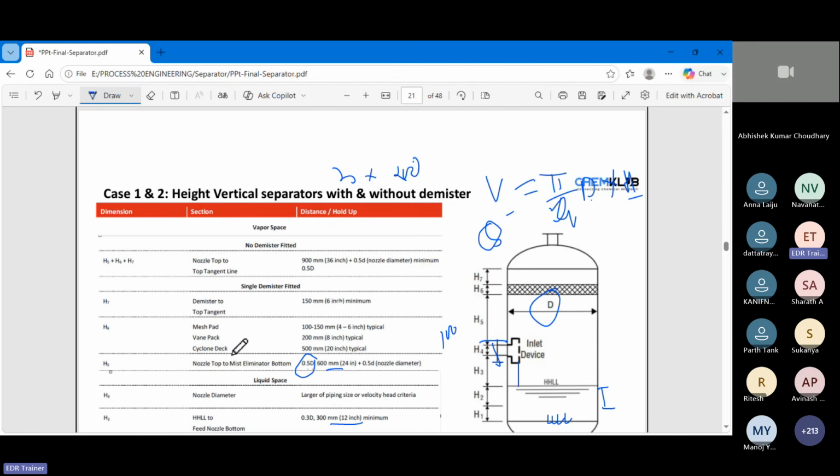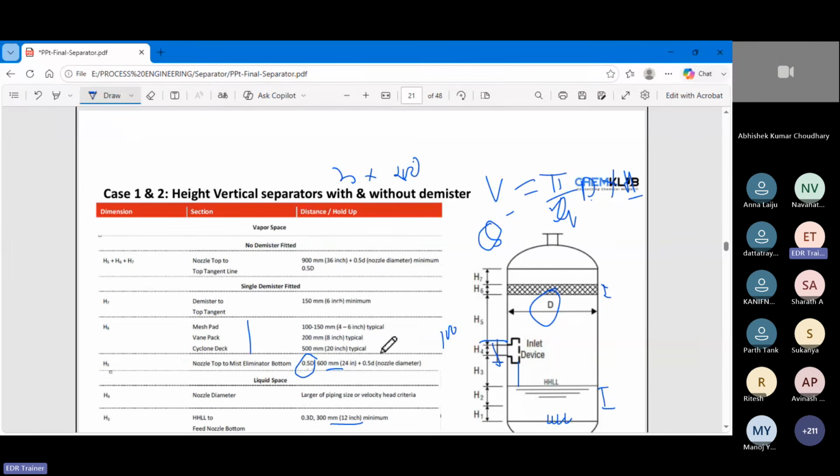Same for the mesh pad size. Generally, for mesh pad size, we do the calculation, we can take maximum 150. If a vane pack is used, 200 NB, and if a cyclone deck is used, then 500 NB. That we have a separate session on in process engineering. We can do the internals because these are only the basic things.